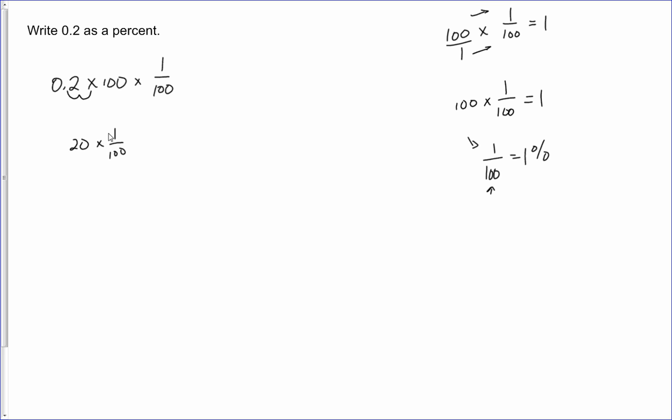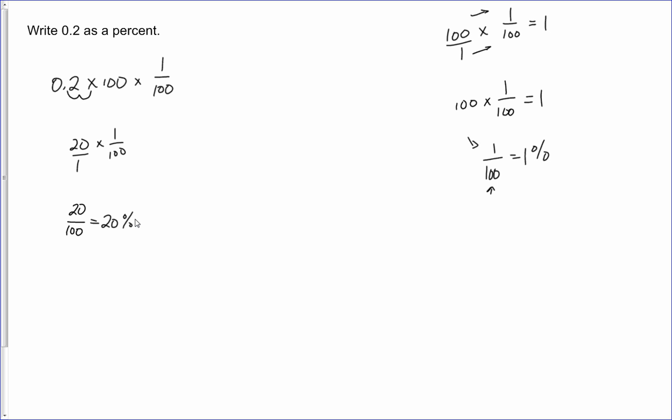Well, 20 times 1 over 100, remember you multiply straight across, and this can be written as a fraction. So this is literally 20 over 100, which is 20 per 100, or 20%. So 0.2 written as a percent is 20%.